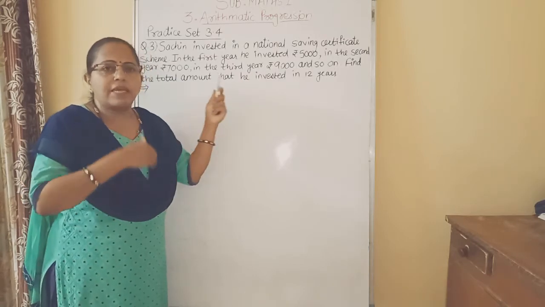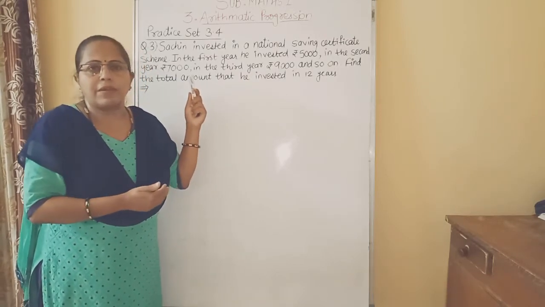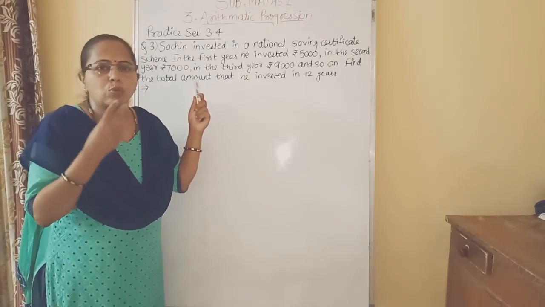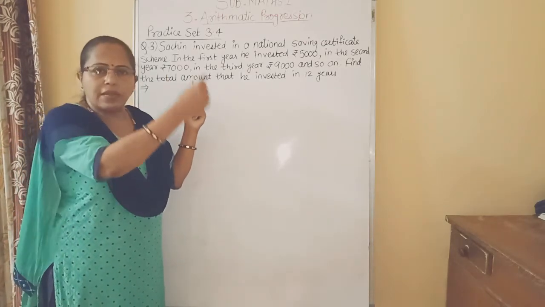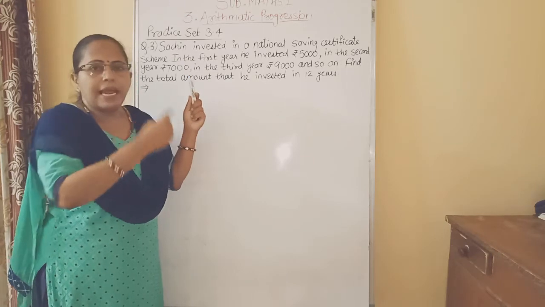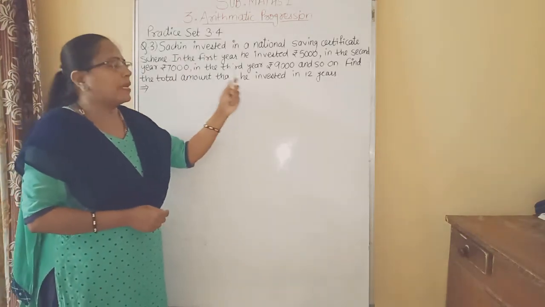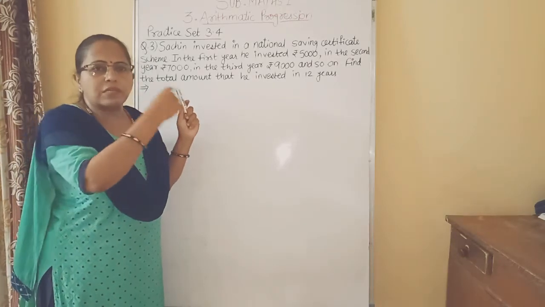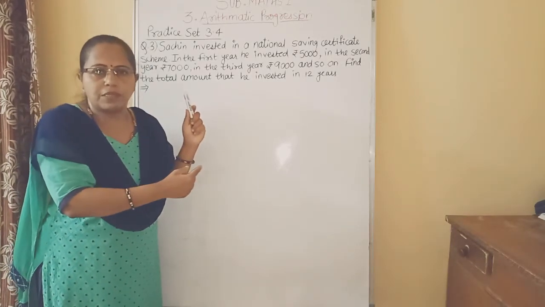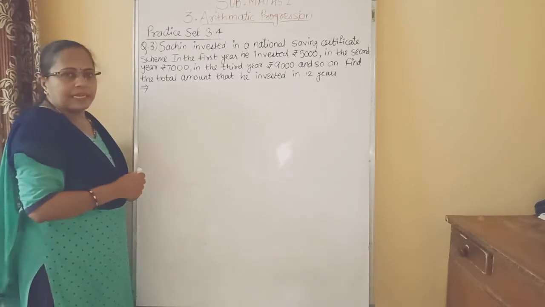That means every year his investment increases by 2,000 rupees, and this increase is constant for every year. That means his investment is in AP because it is a constant increase of 2,000 rupees. Okay. So first we will write that statement.